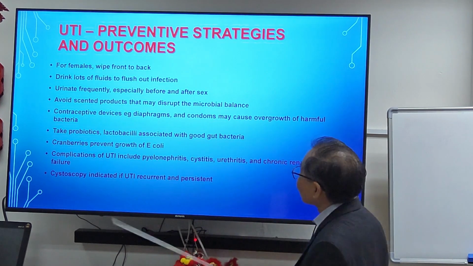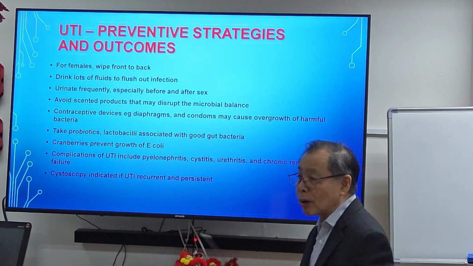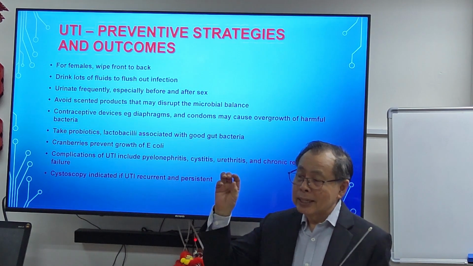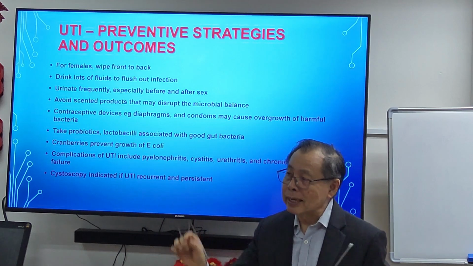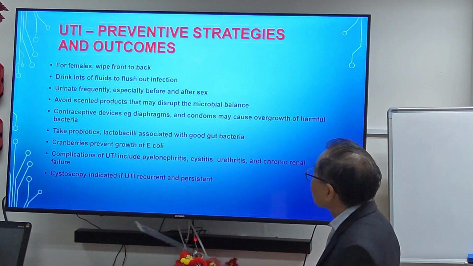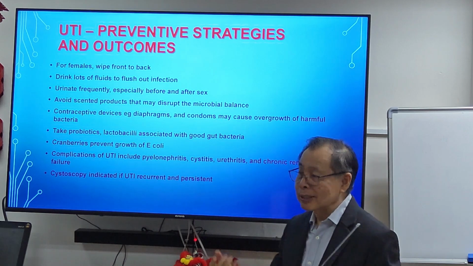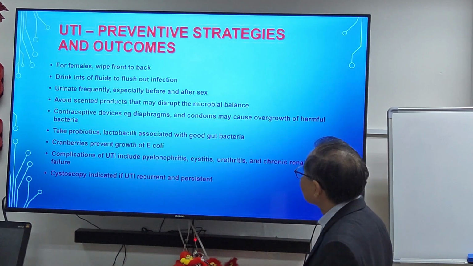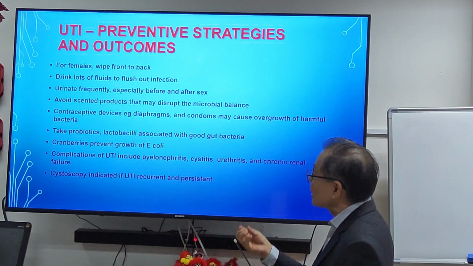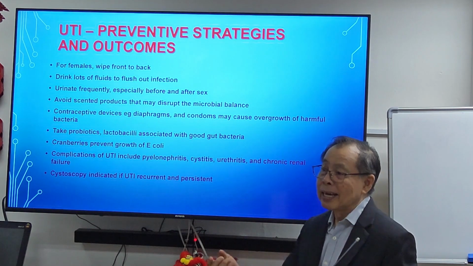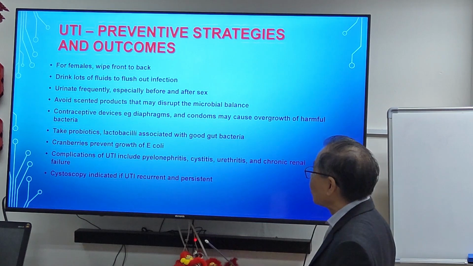We like to avoid certain products. They can disrupt the ordinary bacteria. The ordinary bacteria in the vaginal canal as well as in the urethra protects you. But devices such as diaphragms for contraception, condoms may contain substances that kill your normal bacteria, which protects you and allow the growth of abnormal bacteria.